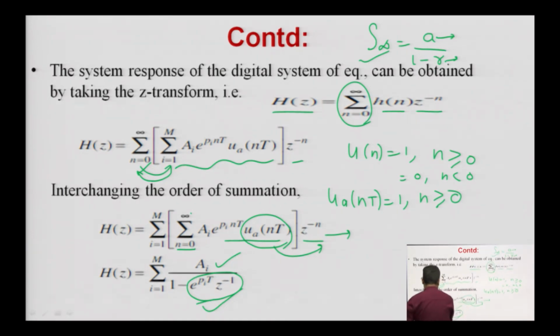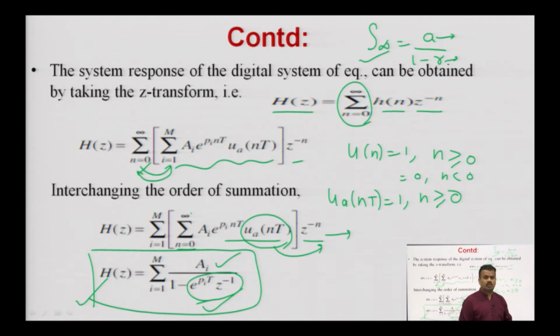So, h of z is equal to summation i from 1 to m a_i upon 1 minus e to the power p_i T into z to the power minus 1. This will be your final expression of the z transform.